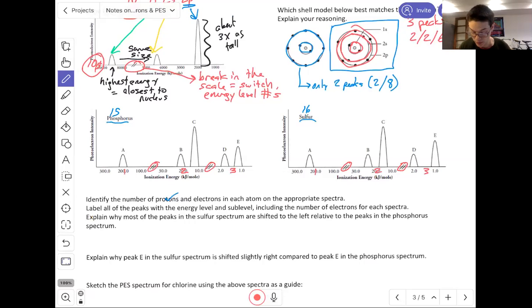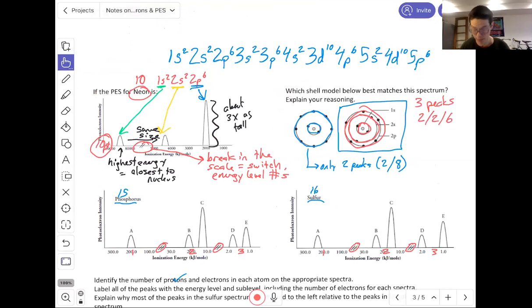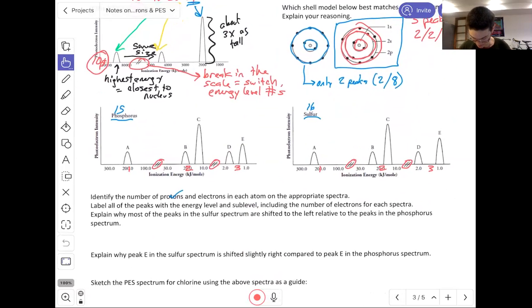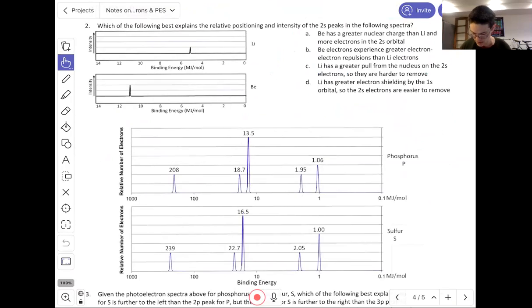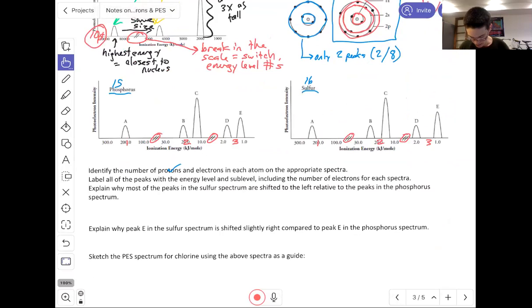So if I'm following this configuration pattern at the top, left to right, assigning to these peaks, that is not what I meant to do. There we go.